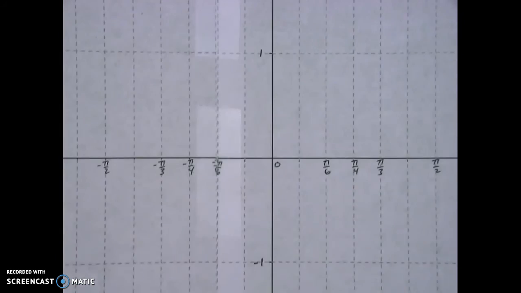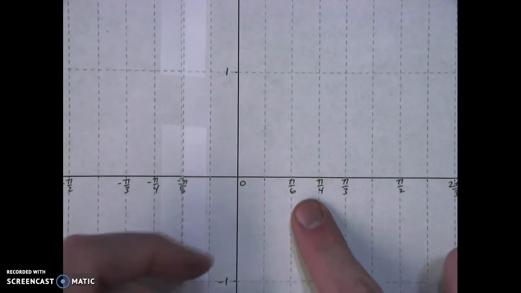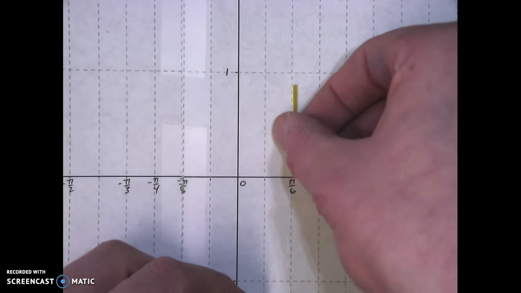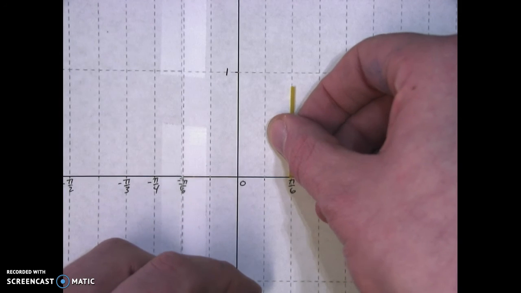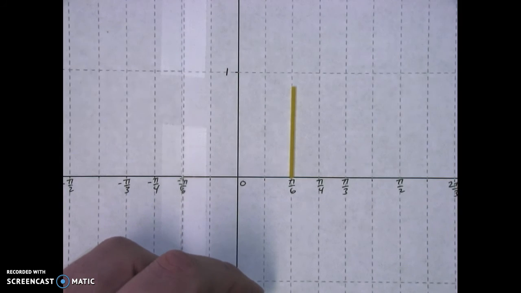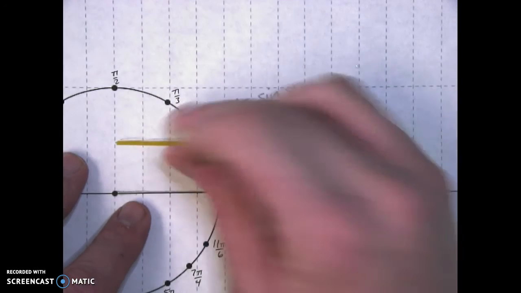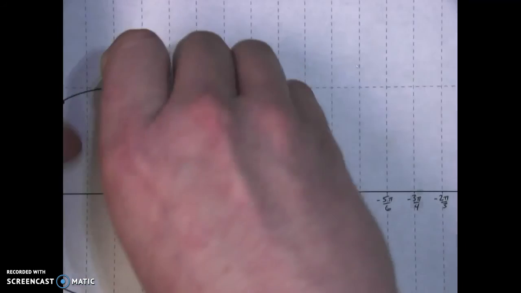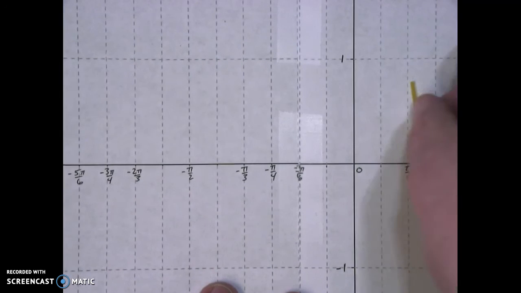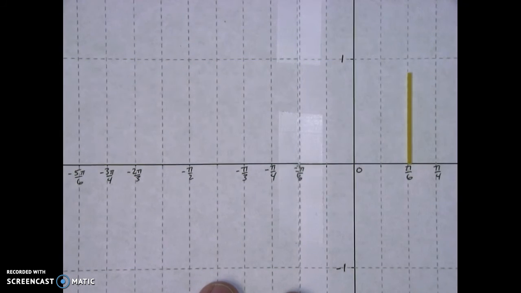But still, when I get out to the graph at pi over 6, right here, if I'm making the cosine curve, I want to glue it on vertically, because the graph we're making is going to have the cosine values as the y-coordinates. That's a little confusing. So if you're making the cosine curve, you need to set up your spaghetti horizontally on the circle, but you still need to put it up or down on the graph.